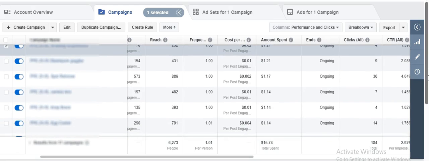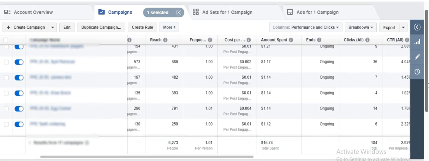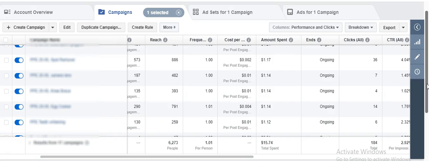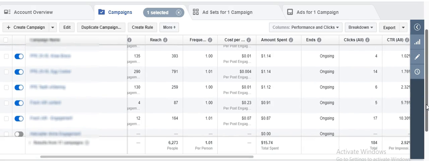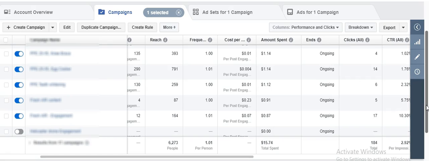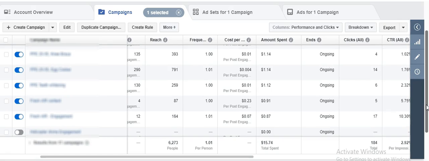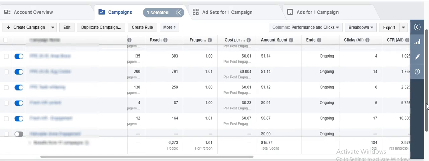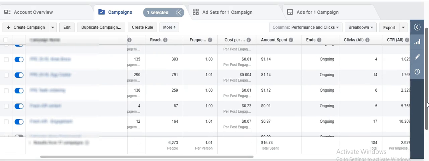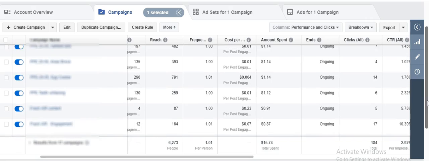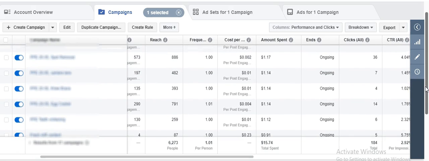This is what I'm getting. 1 cent. That's 23 cents. I need to see how to get that down, and sometimes it could be just the target audience that you're choosing. That's 7 cents, which is really pretty decent.